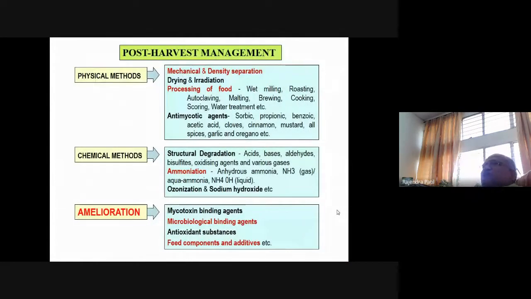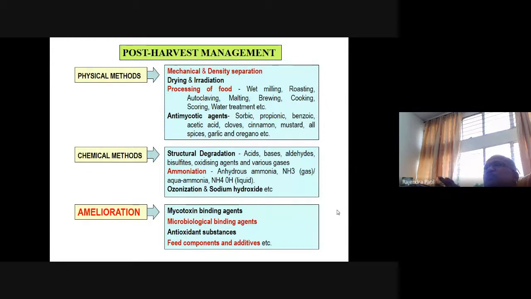Then post-harvest management includes mechanical or density separation, drying, irradiation, processing of food, and use of antimycotic agents. A number of antimycotic agents are there that we can use when processing food, like milling, roasting, autoclaving, malting, brewing, cooking. Even simple cooking or heating will reduce it.